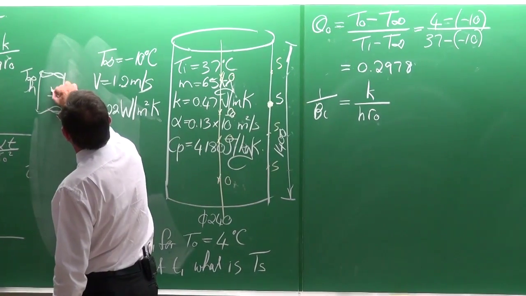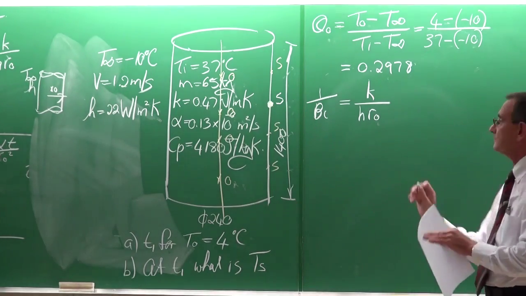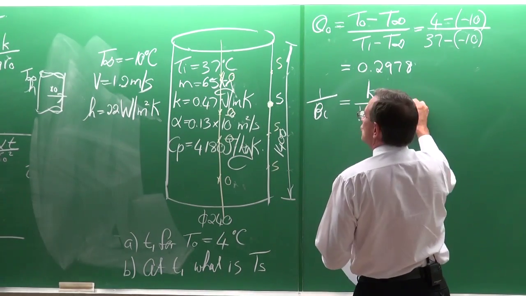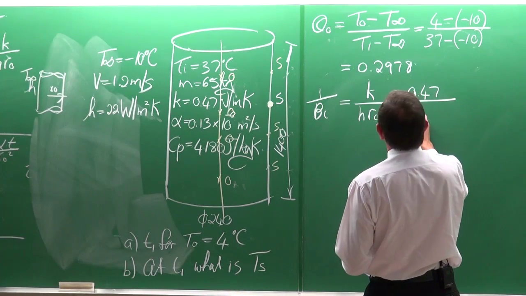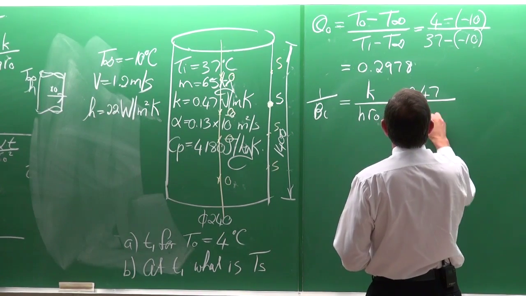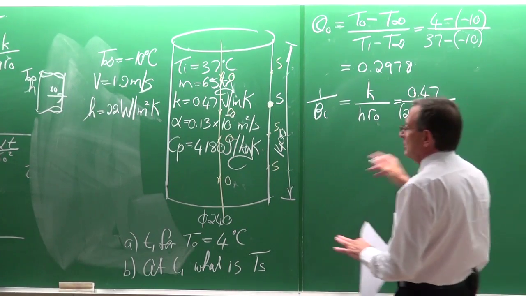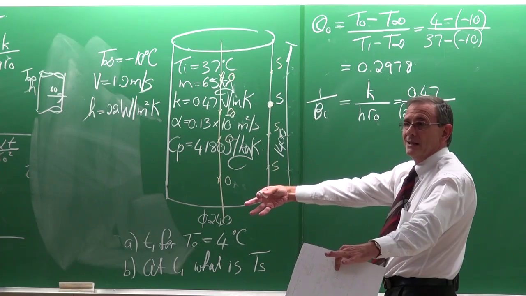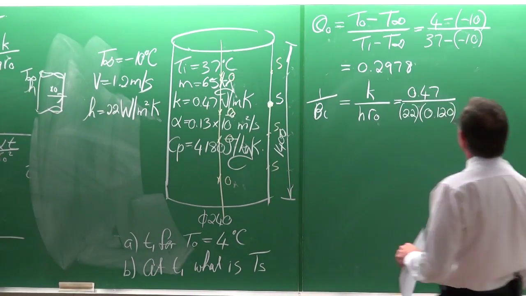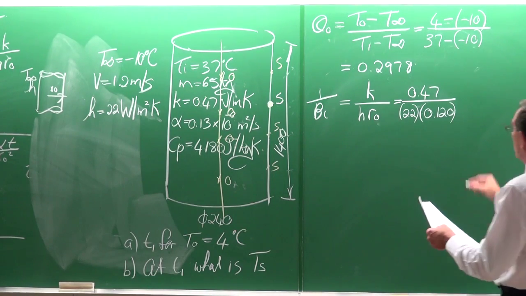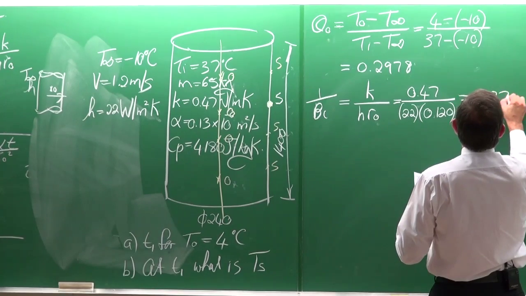Very specifically it tells you it is the radius of the cylinder. So that is equal to k, which is 0.47, divided by the heat transfer coefficient, which is 22, multiplied by the radius. It's 240 millimeters the diameter, so the radius is 120 millimeters. And the result is 1 over the Biot number of 0.177.